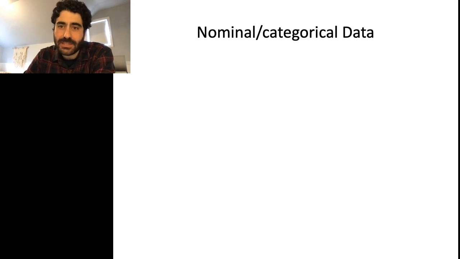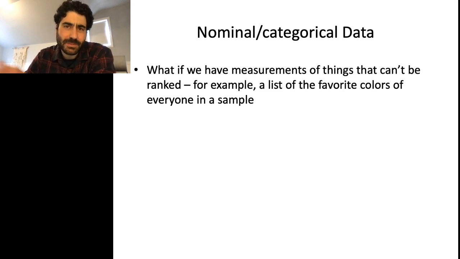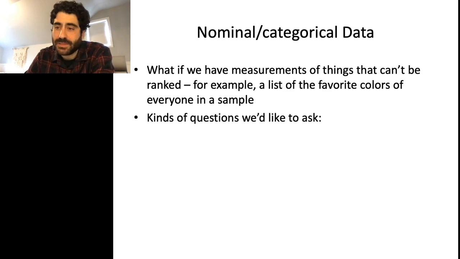If you think back to some of the first weeks of the class, we were talking about the simplest type of data we can get, which is categorical data, where for every participant, for example, we're asking them to choose among several options. These are options that can't be ranked, so we can't really do any kind of arithmetic on them. But we would still like to be able to ask some kind of null hypothesis questions.